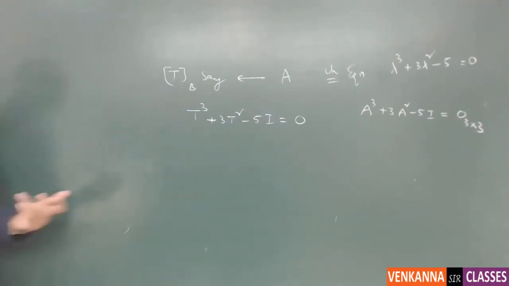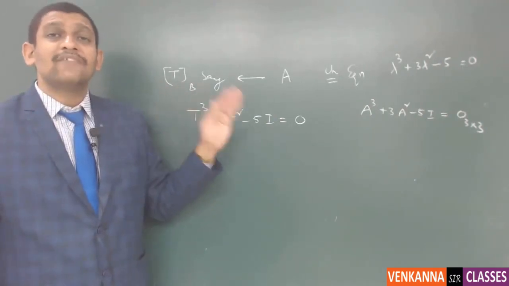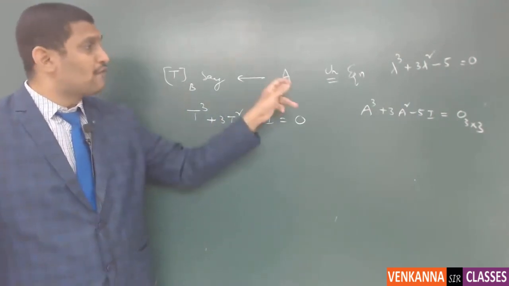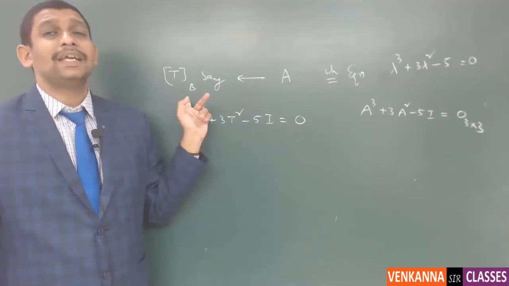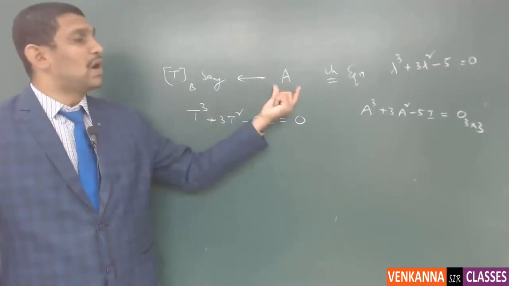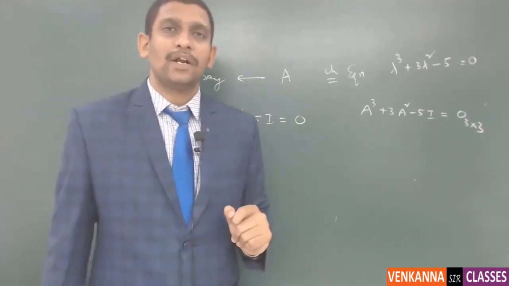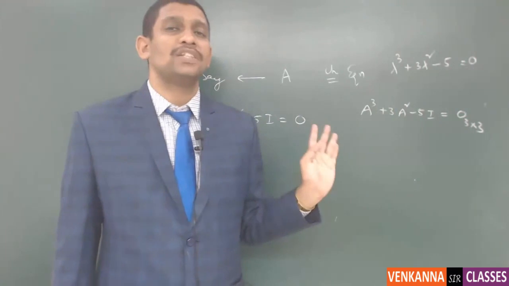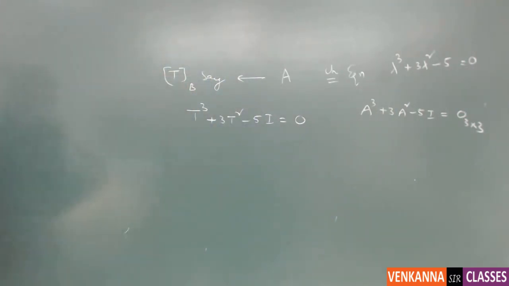Another thing is, if you want to know whether a given function is invertible or not, then it is very easy to say from the matrix: if A is invertible, then T is also invertible. So how do you check that A is invertible? We simply calculate the determinant of A. If the determinant of A is not equal to 0, A is a non-singular matrix, hence T is also a non-singular transformation.